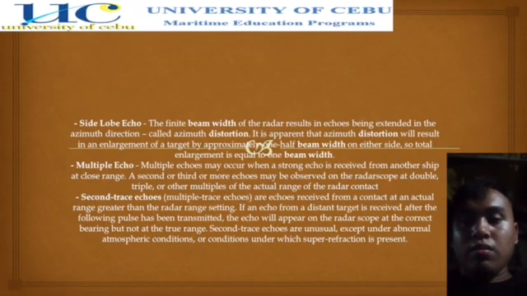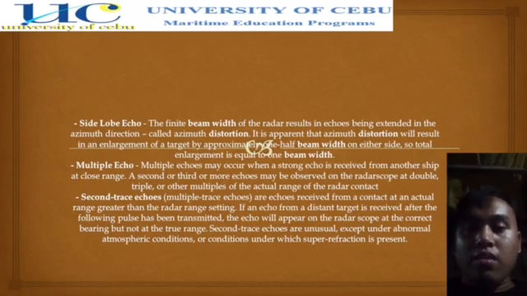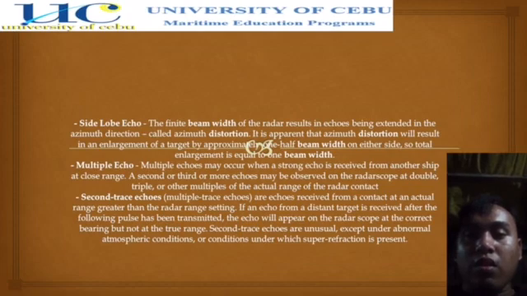Side lobe echo. The finite beam width of the radar results in echoes bearing extended in the azimuth direction, called azimuth distortion. It is apparent that azimuth distortion will result in enlargement of the target by approximately one half beam width, so the total enlargement is equal to the beam width.